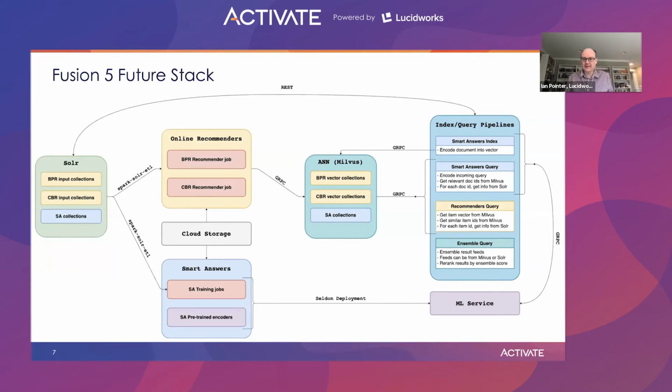Over on the index query pipeline, however, things have changed a little. For Smart Answers indexing, all we do now is when we are indexing a new document, we get the model's encoding of that document, and then we write that into Milvus. And then at query time, we encode the incoming query, and then we query Milvus itself for relevant document IDs.